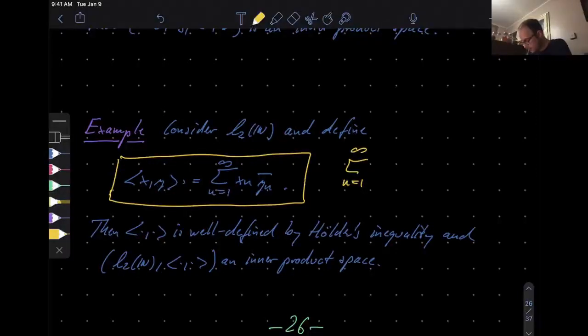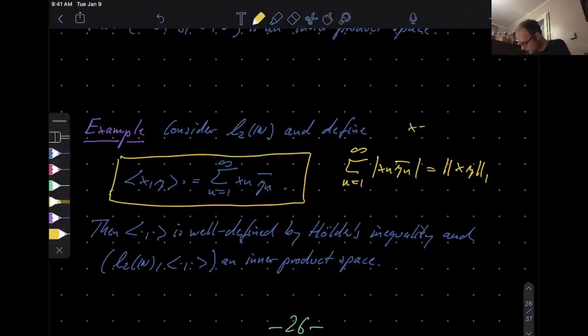Why is this? Because of the Hölder inequality. So this here is just the l1 norm of the product of the two sequences. I write 1 like this by definition.